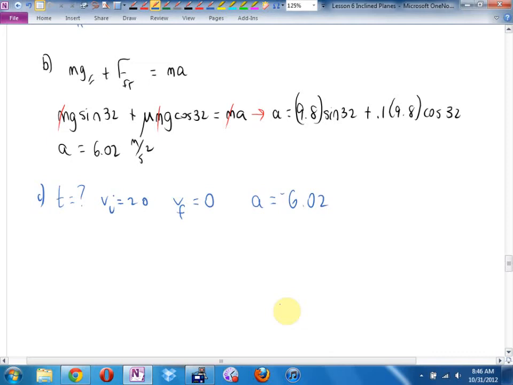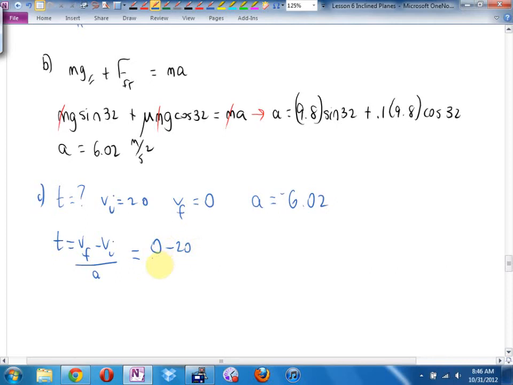Which equation? Which equation? Can you get the t by itself already? Yeah, t is going to be good old vf minus vi all over a. It's going to be 0 minus 20.